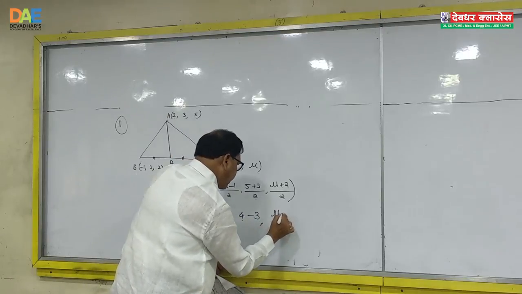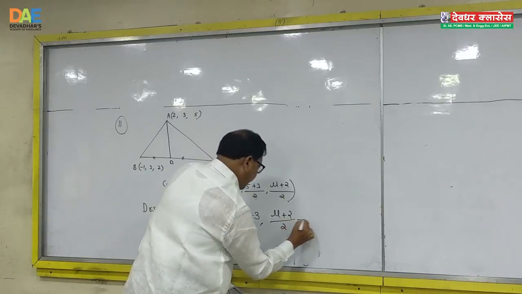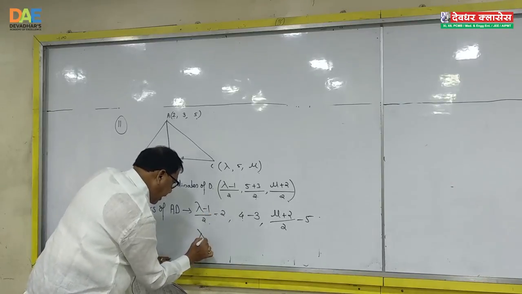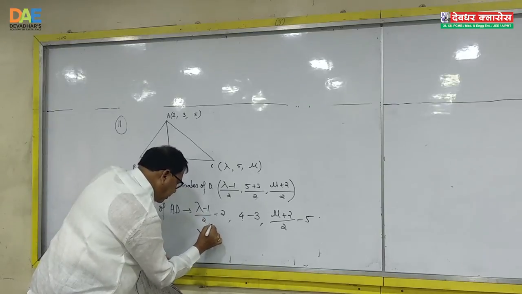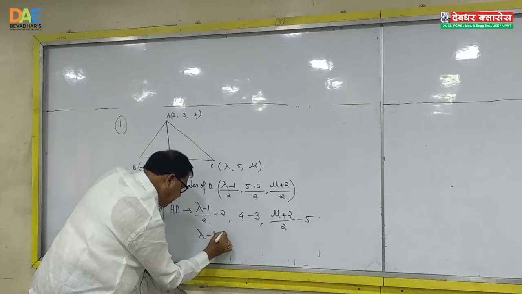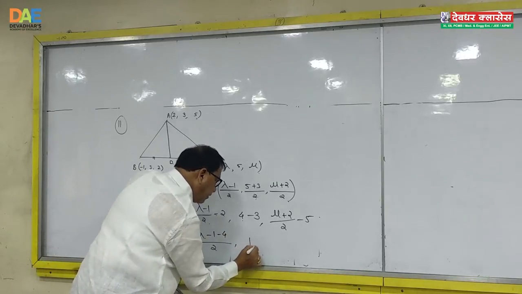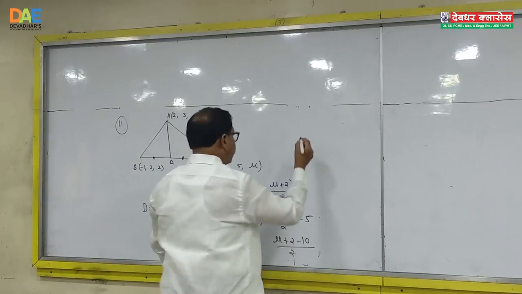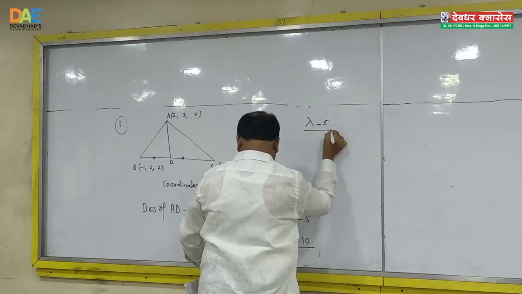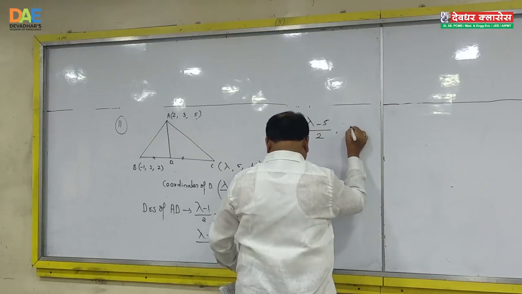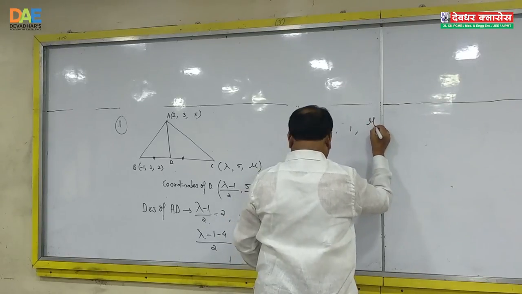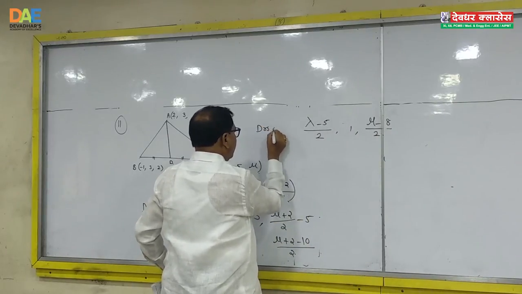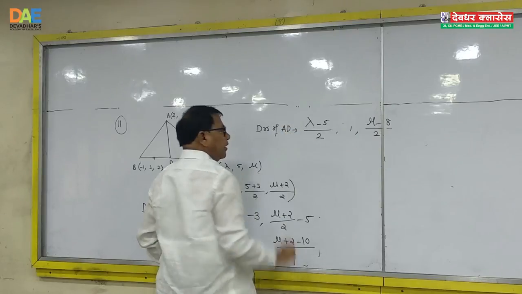Then mu plus 2 upon 2 minus 5, that is mu plus 2 minus 10 upon 2, which is mu minus 8 upon 2. These are the DRs of AD, right?